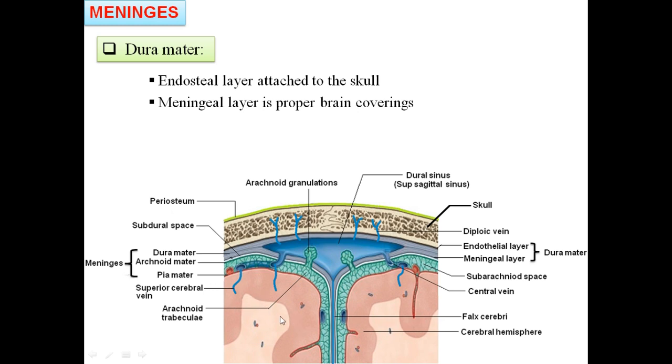and here the outermost layer, the dura mater, consists of two layers. The outer layer is called the endosteal layer, and the inner layer is the meningeal layer. Within this layer, the venous sinuses are present, and you can see here the superior sagittal sinus.